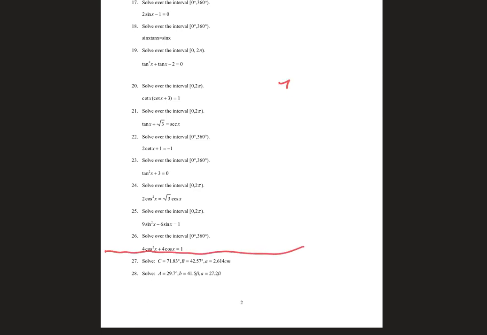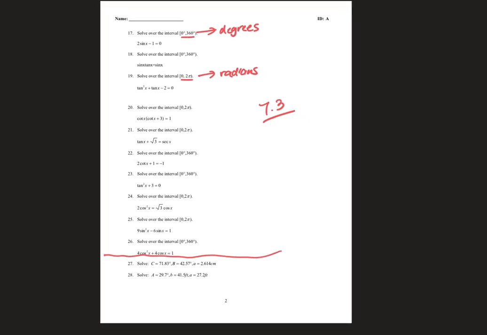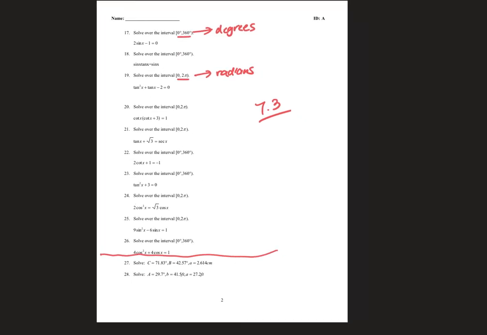This would be 7.3. Notice that it says 0 to 360 or 0 to 2 pi. 0 to 360 means you need to be in degrees. 0 to 2 pi means you need to be in radians. Those are either going to be unit circle based, so you can pull up your unit circle, or if they're not unit circle based, that's where you use your calculator.